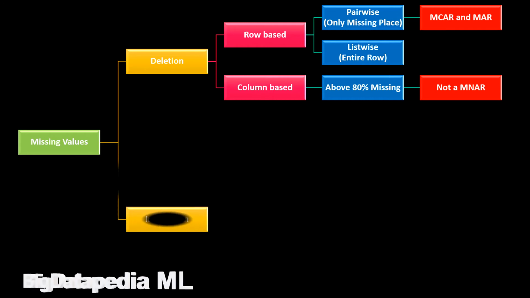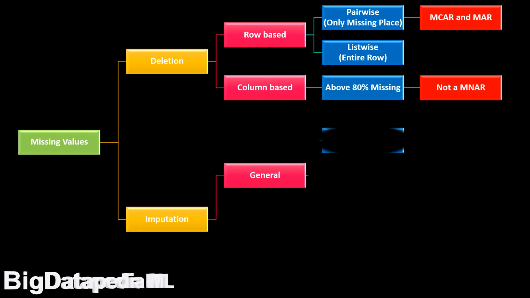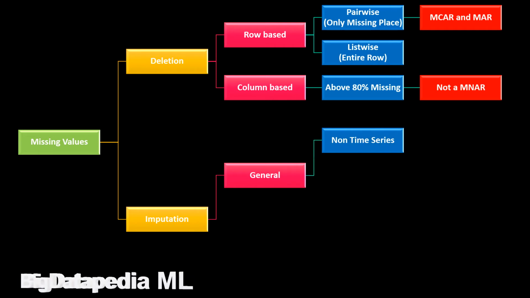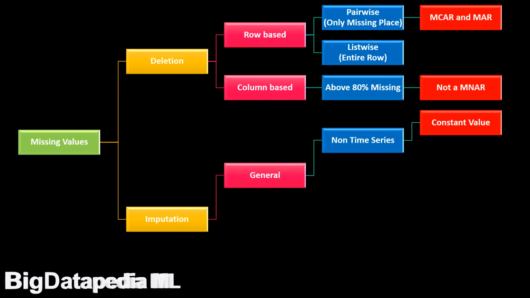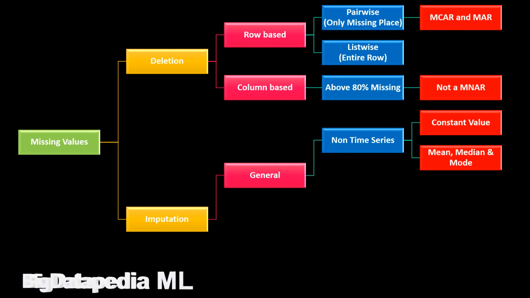Another method is imputation. How can we replace or update the value in particular places using imputation? In imputation, we commonly use a few metrics. First, if it is non-time-series data, then we can directly fill the value with a constant in those places, or we can validate and apply based on the distribution with the mean, median and mode methods.